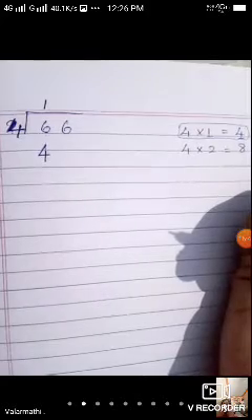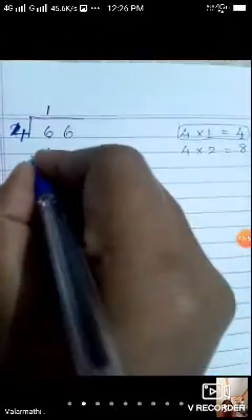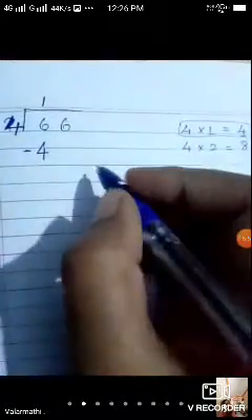The answer right under the first 6. Write the subtraction minus symbol. Right? Next. Now what I said, subtraction, you have to subtract this number first. So 6 minus 4. 6 fingers you leave, 4 fingers you close. What answer are you getting?